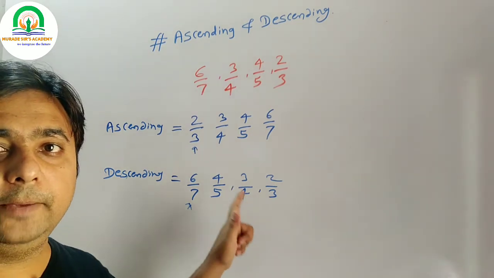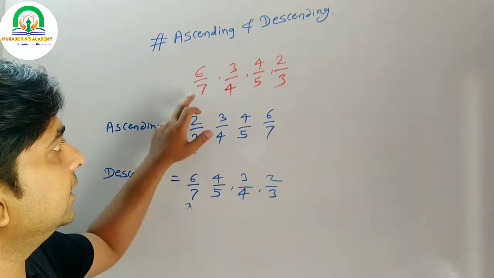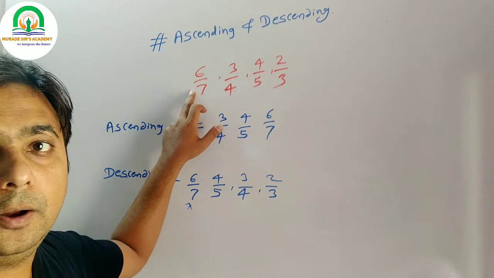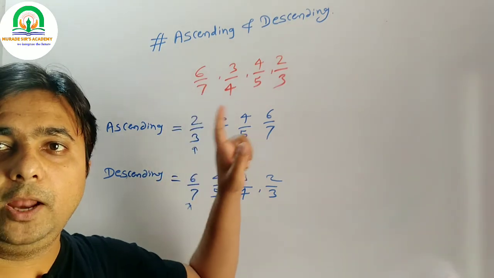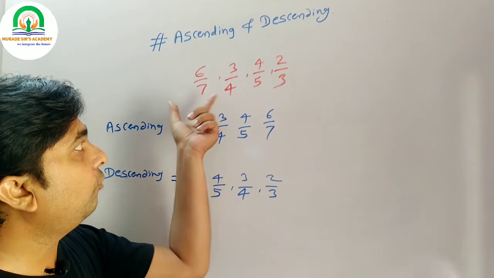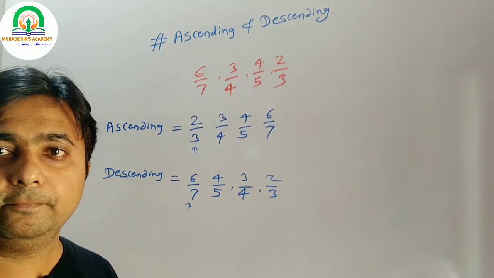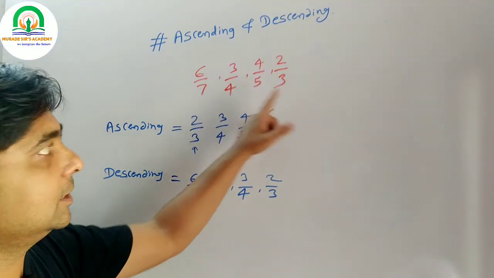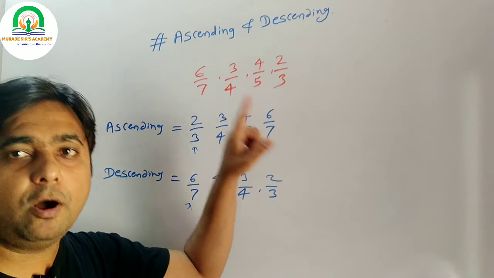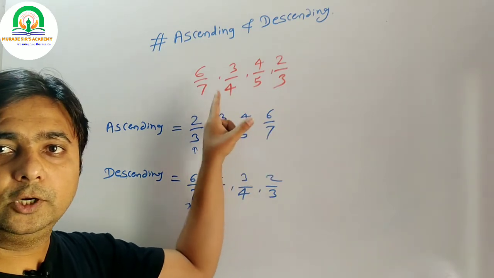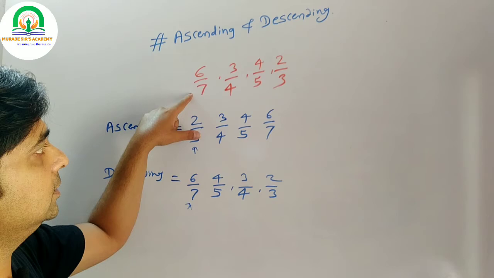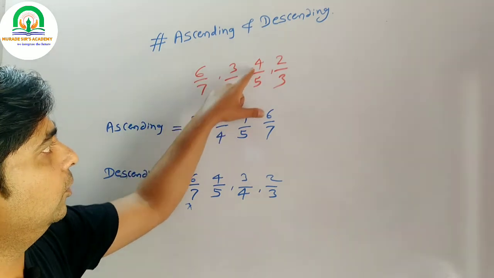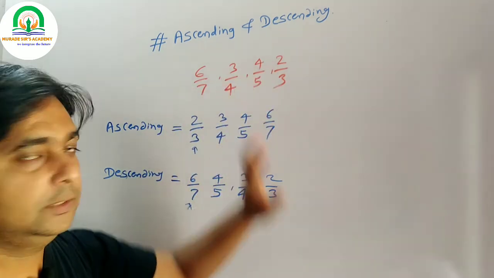This is applicable only when the denominator is greater than the numerator by 1, 2, 3 for the whole sequence, in the form of 6 plus 1 is 7, 3 plus 1 is 4, 4 plus 1 is 5, 2 plus 1 is 3.